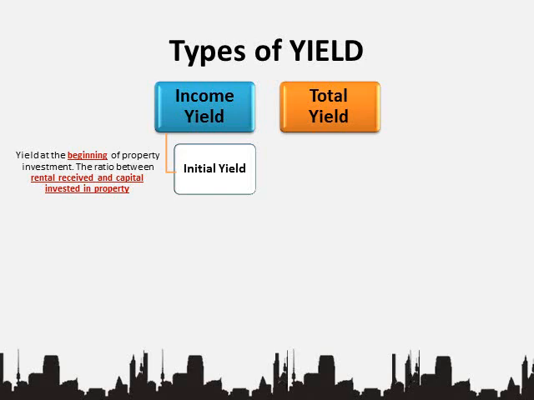The yield is calculated by looking at the current rental received and comparing it with the capital invested in the property, or the cost to purchase the property, the capital issued at the early stage of investment.